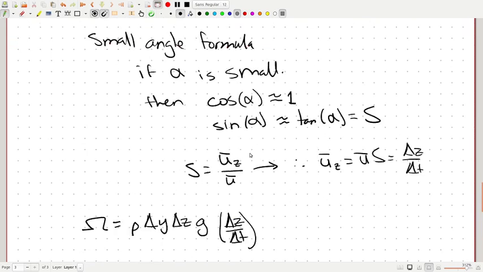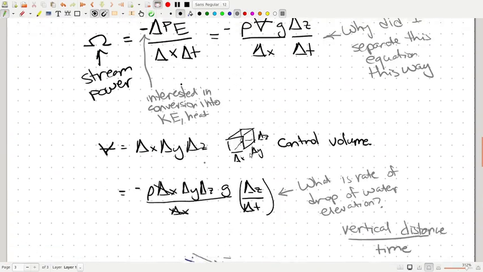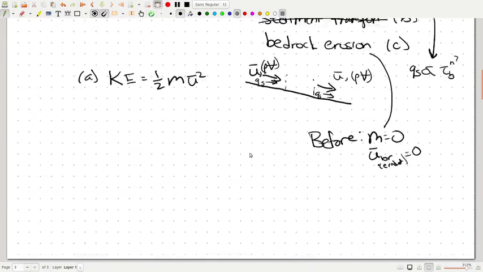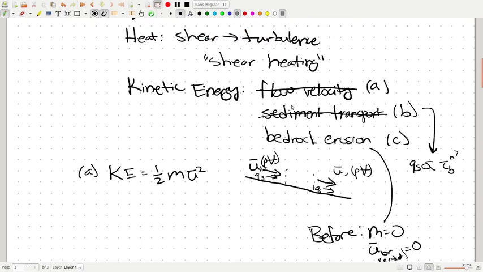And so I'm just going to scroll back up here into last time's notes. So the way I was able to say that flow velocity and sediment transport are not going to be major points of conversion of that energy is by using a uniform flow approximation.